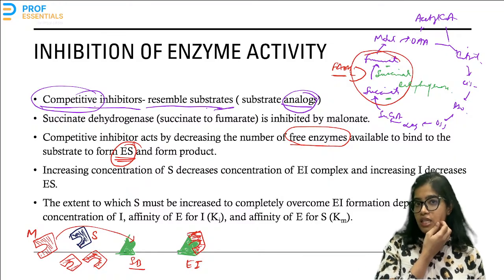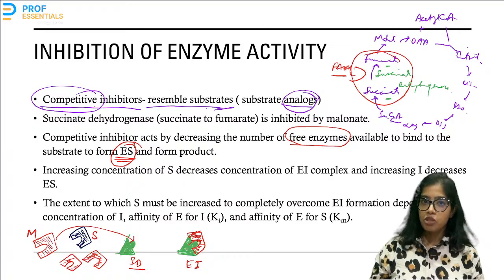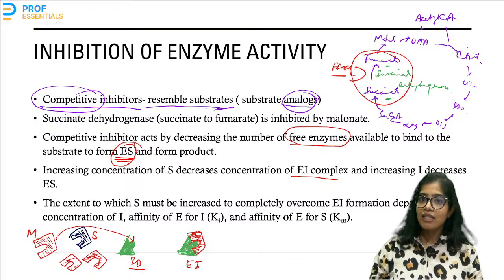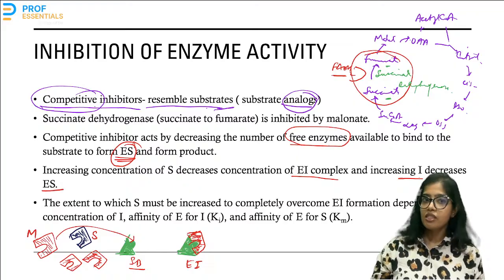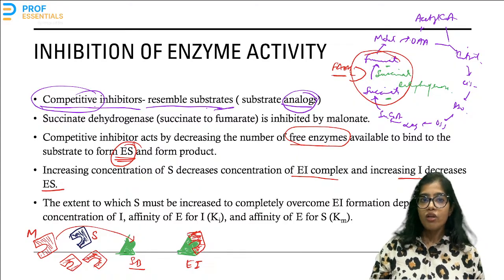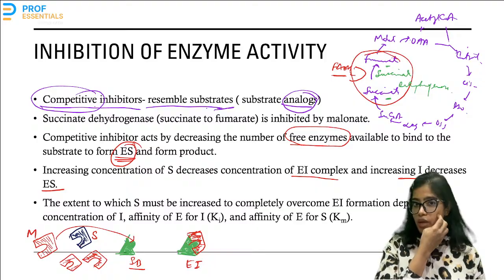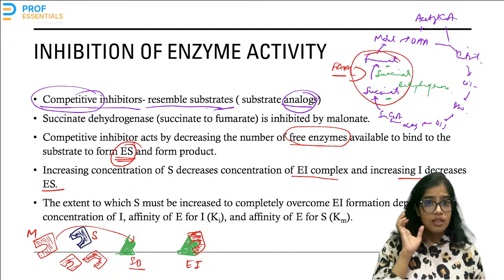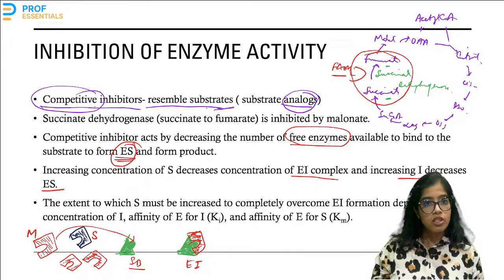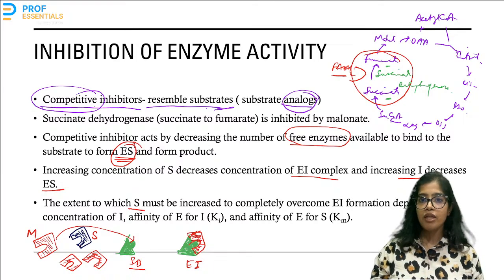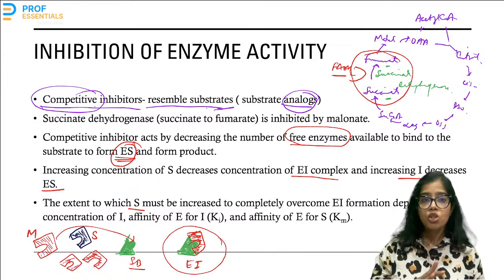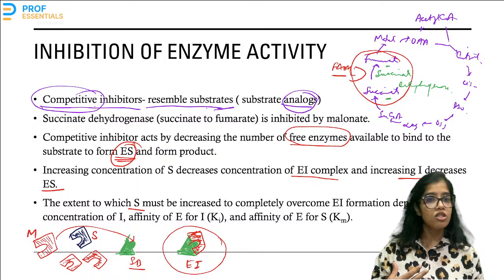Understood? So increasing the concentration of the substrate will decrease the concentration of EI complex, and increasing the concentration of inhibitor will decrease the ES complex. This we saw. Whatever will be more in concentration is going to occupy this active site. The extent to which the substrate concentration must be increased to overcome the enzyme inhibitor complex formation, how much should you increase it so that this is not formed?